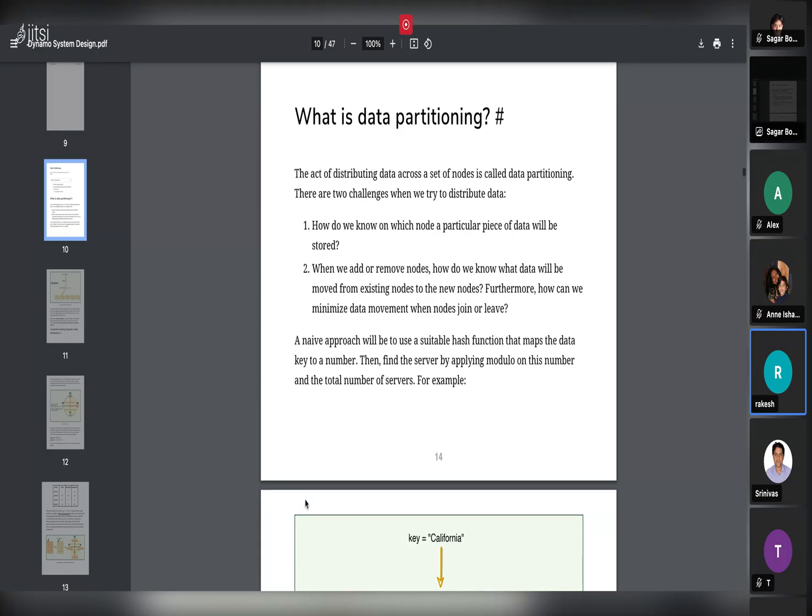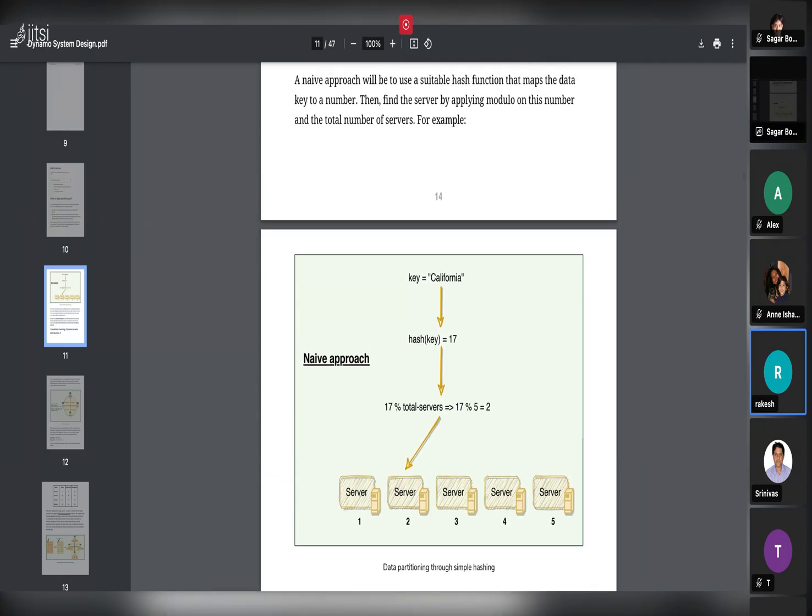For example, the key is Cassandra, the hash is 17, and 17 mod total servers gives the server. It looks like they have used a kind of hashing concept with a modulo operation. Okay, can we go down?